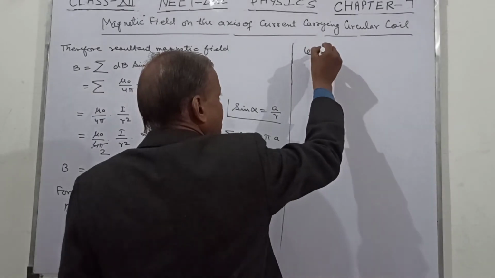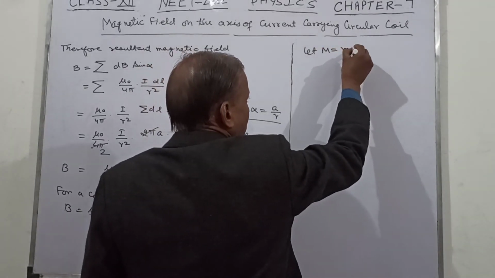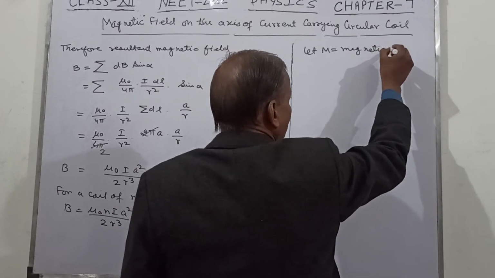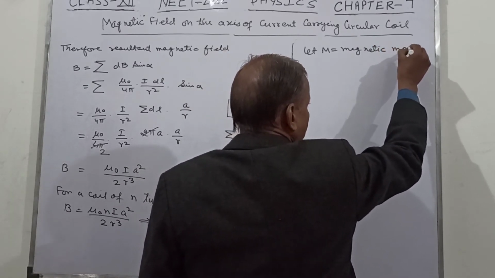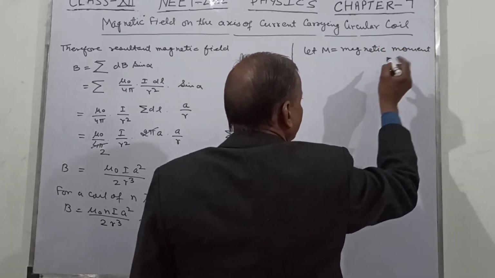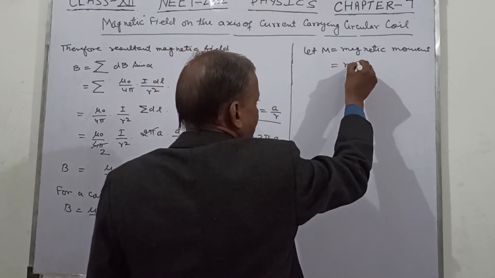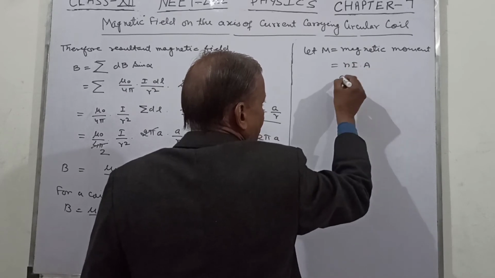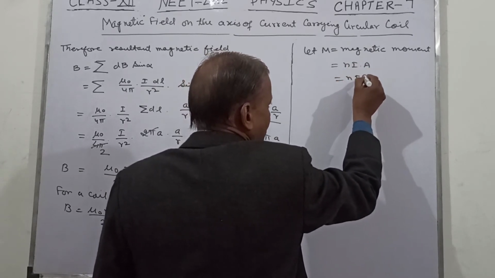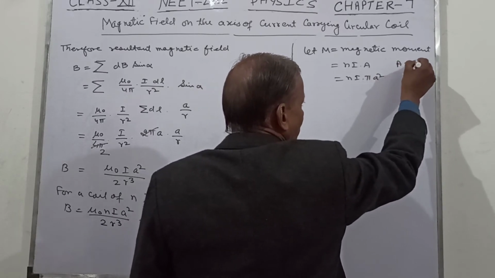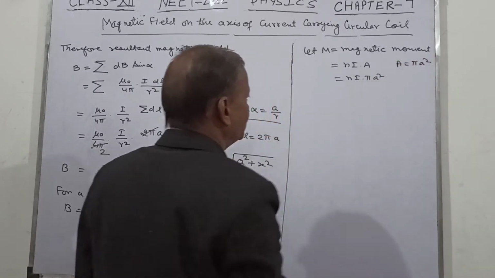Let M equal to magnetic moment, then this is equal to N I into A. So this is N I and this is now your pi a square, A the area of the coil, pi a square.